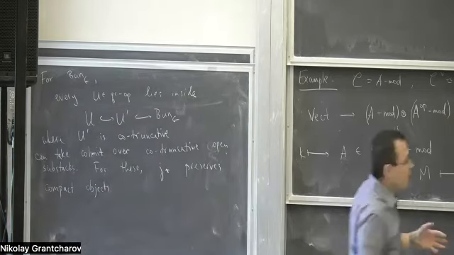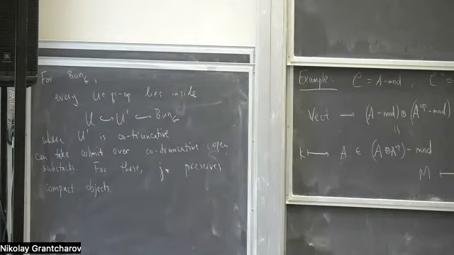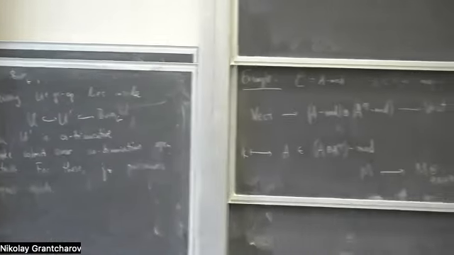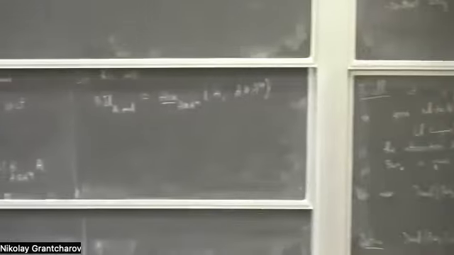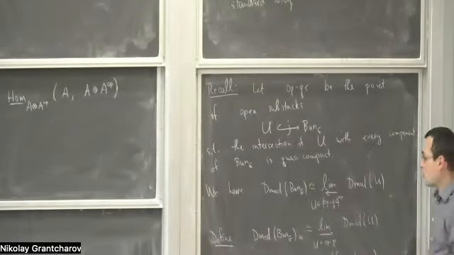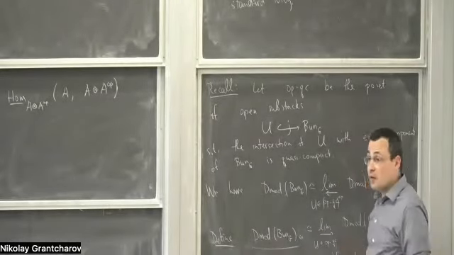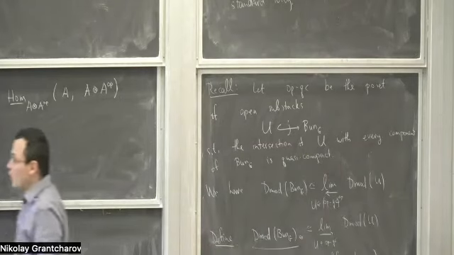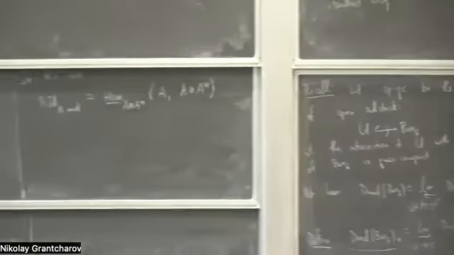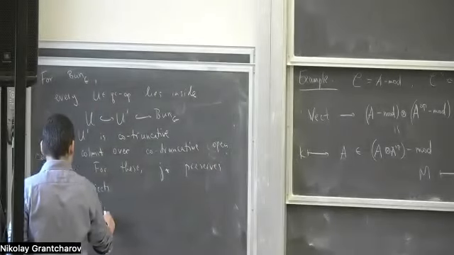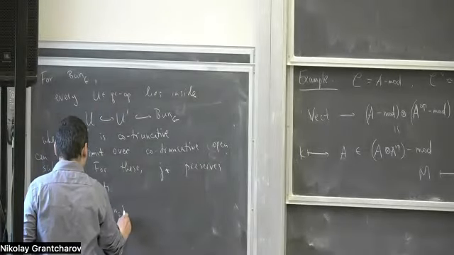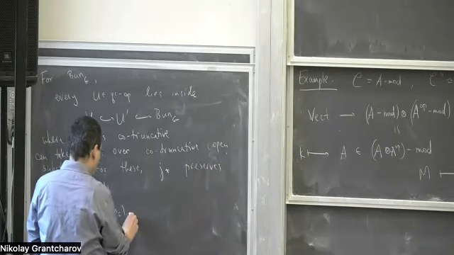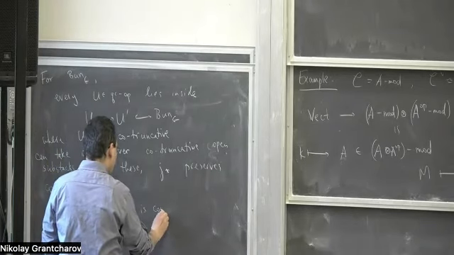So we can rewrite this as a diagram of categories where the transition functors preserve compact objects. And what this means is that this is compactly generated.